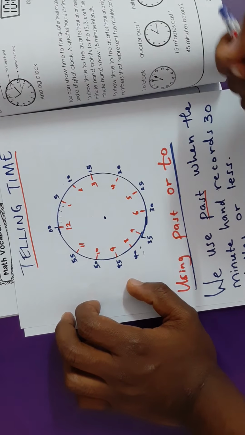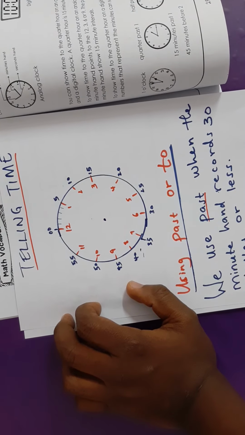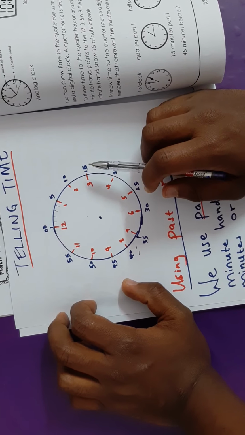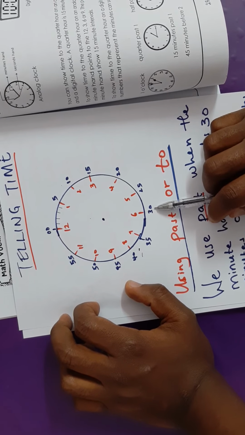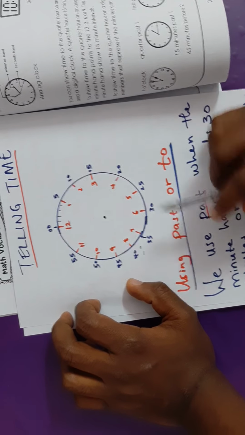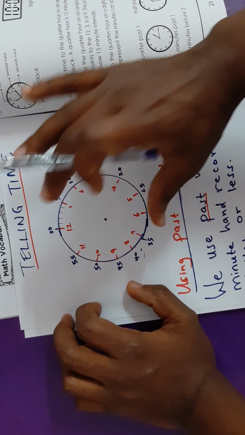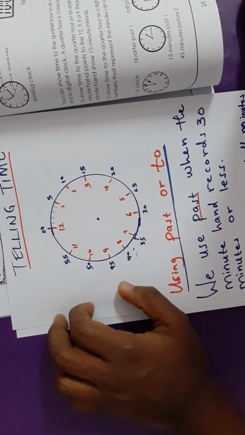Now, we have specific terms that we normally use when we are talking about this. We have 15, which you can also call quarter. We have 30, you can call it half. Okay, you have 15, you call it quarter, 30, you call it half. So those are the other 2 things you're supposed to understand.